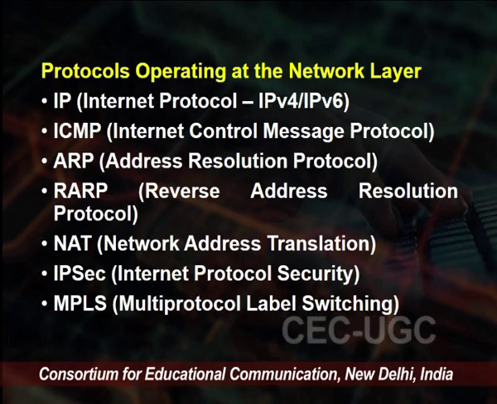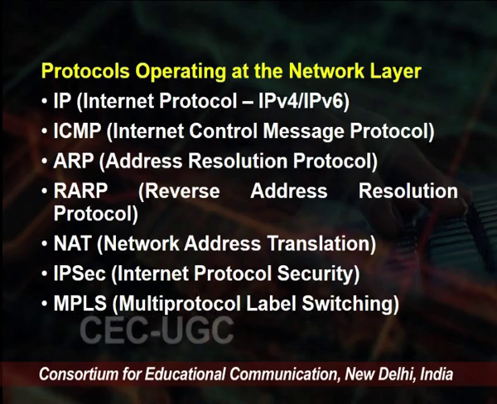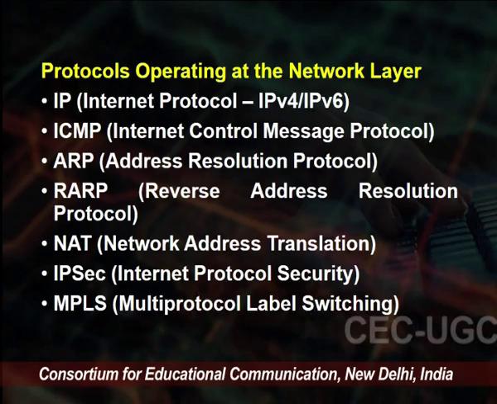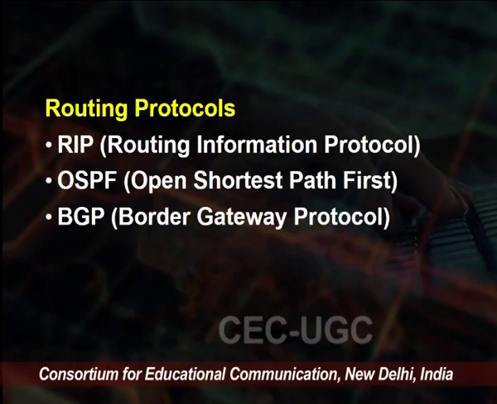Then network address translation and a protocol for this, NAT. Then IPsec, which is internet protocol security, and MPLS, which is multi protocol label switching. So, all these protocols are being operated at the network layer.